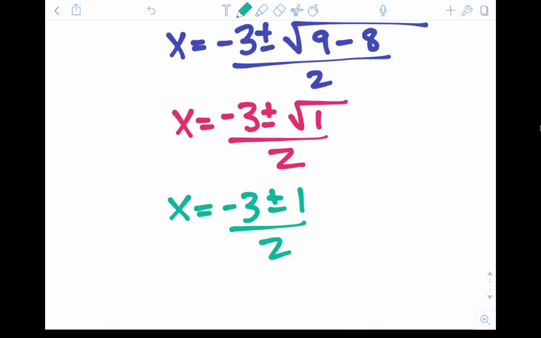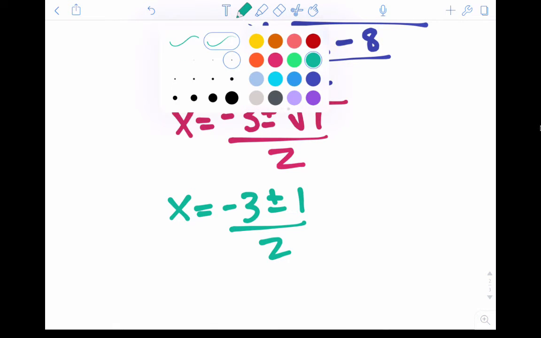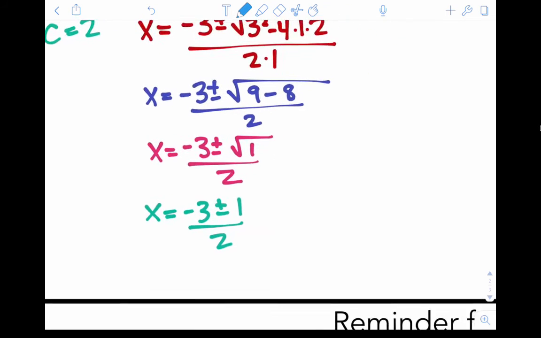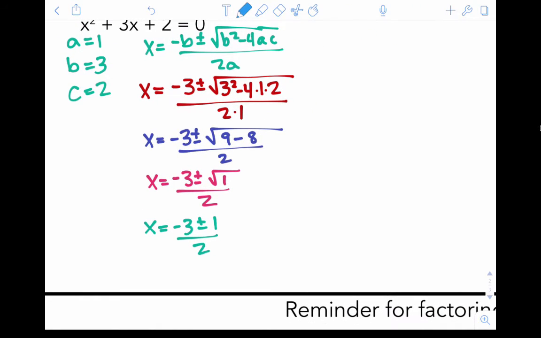So at this point, I need to separate this up into my plus and my minus. So I'm going to write this as x equals negative 3 plus 1 over 2, and then x equals negative 3 minus 1 over 2. So when x equals negative 3 plus 1 over 2, I'm going to do negative 3 plus 1, which is negative 2, and then negative 2 divided by 2 is negative 1.